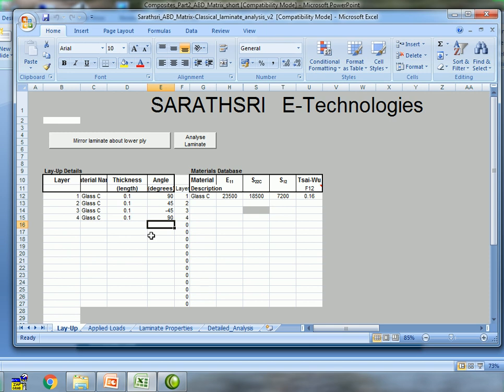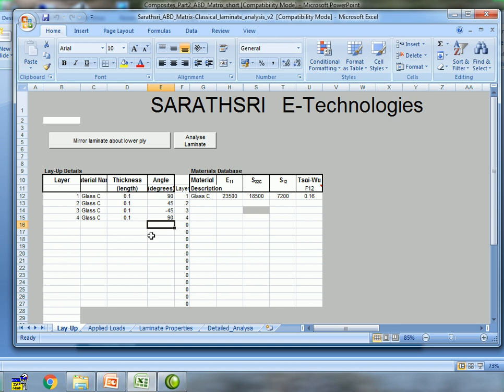In the middle layers we can take plus minus 45, where transverse shear loads are higher. Accordingly we can control the layers and at the same time maintain symmetry and balance, so the load path is clear and the component is easy to analyze, because that won't introduce any additional stress field.